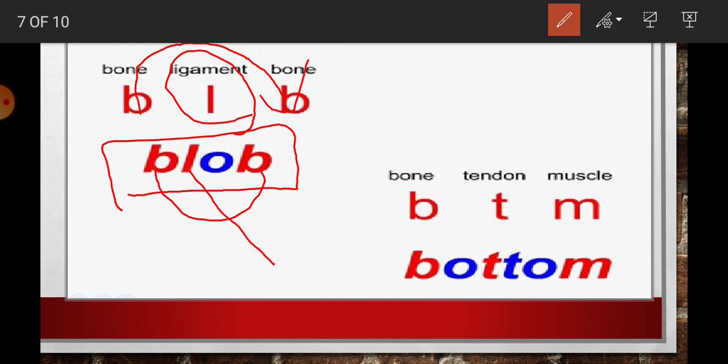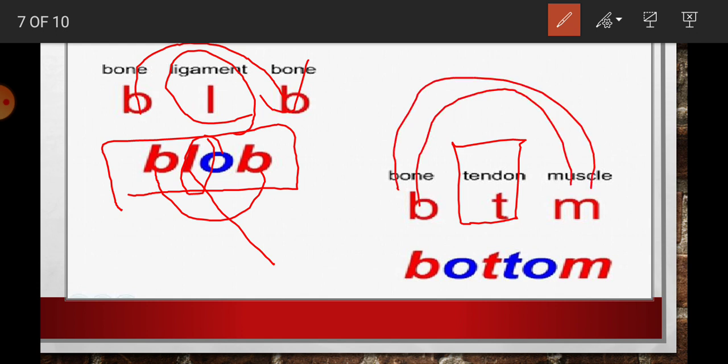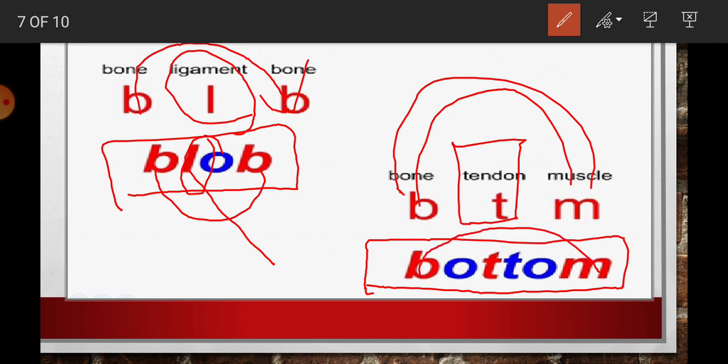So BLOB denotes bone to bone by ligaments. And tendon connects bone to muscle or muscle to bone, so we can remember this by the word BOTM, bone to muscle by the tendon. This is just for easy remembering.